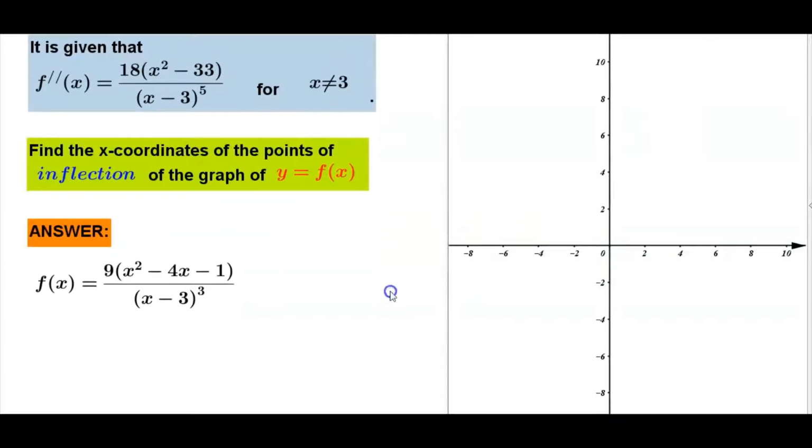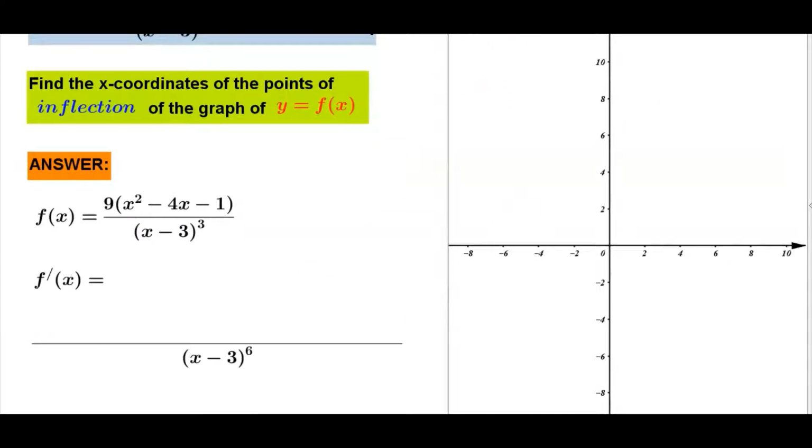The function f(x) is given 9(x squared minus 4x minus 1) over (x minus 3) to the power 3, x not equal to 3. F dash x, derivative of this function, is equal to: in the denominator, x minus 3 to the power 6, that means square of the denominator of this function.